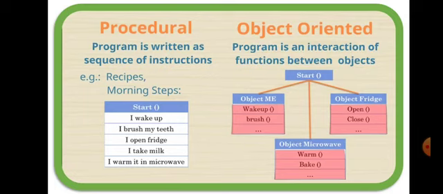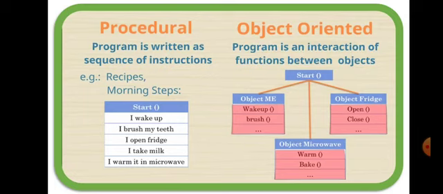Each of the objects maintains its own internal data and has functions which others can use. What is the meaning of this? For example, the wake up function is in object me. Now that function, if it is needed, can also be used by other objects present inside that object orientation.